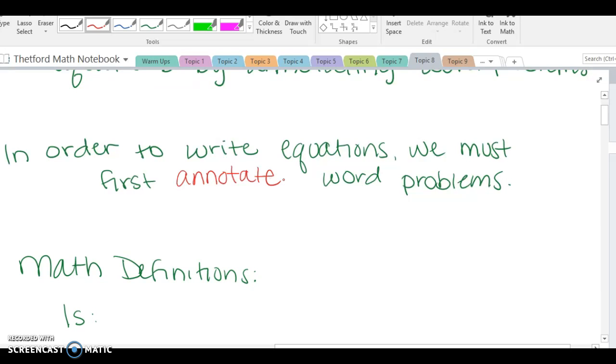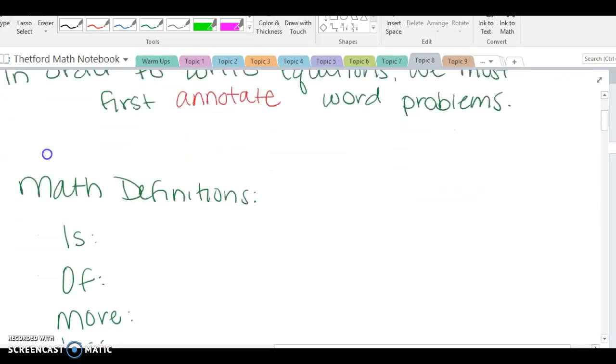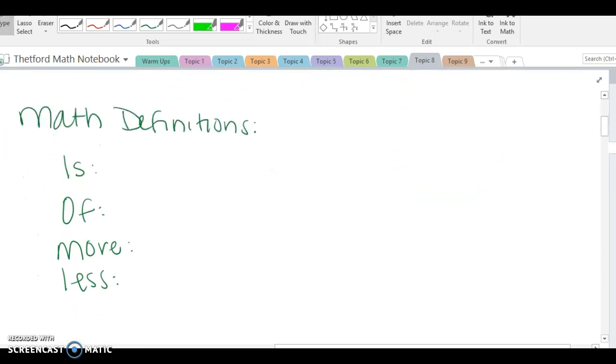And in order to annotate these word problems, we need to know a few things. A lot of the times in math, they use specific words that mean certain operations. And so below is a list of the most common that you will see in word problems. These are not all of them, but these are the ones that you'll see the most.